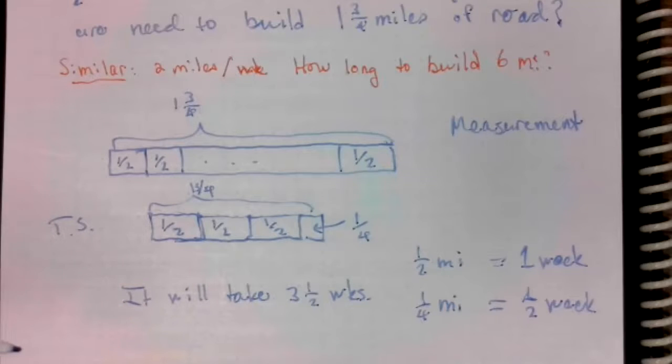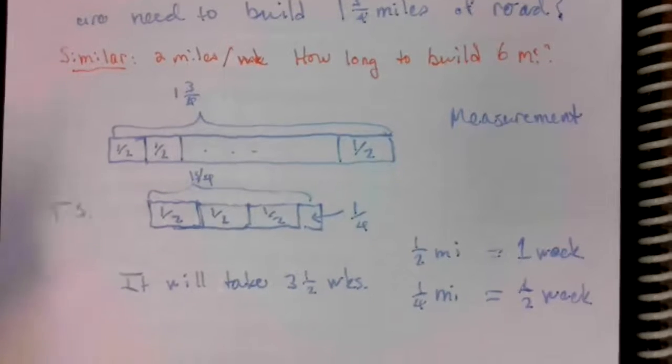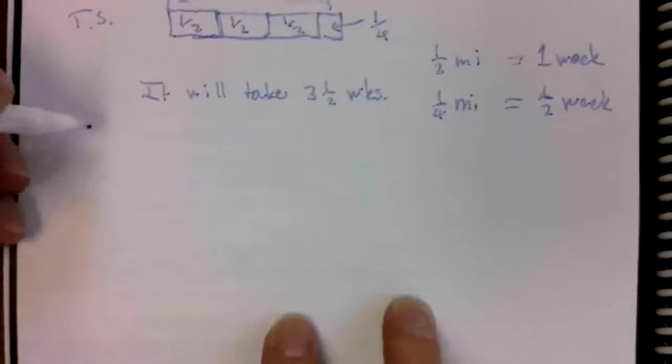And the goal is to come up with some kind of justification for the invert and multiply rule that we have for dealing with fractions. Okay, so let's look at example 2 here.